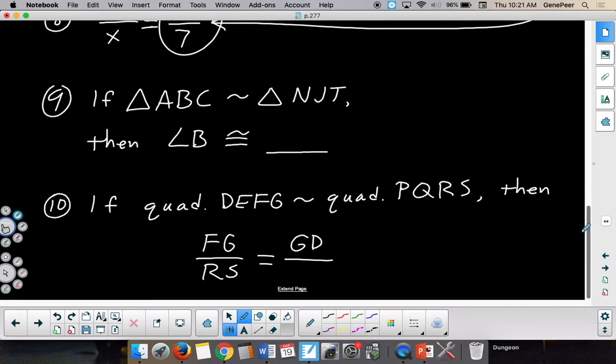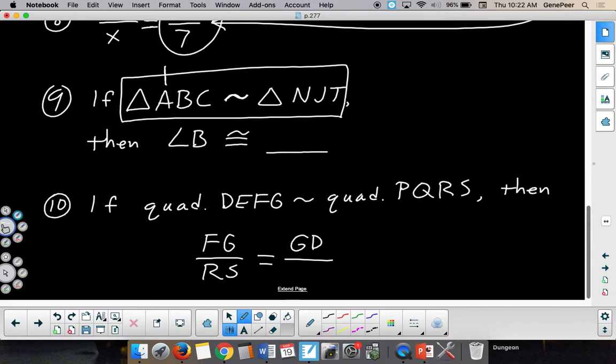Number 9. All right, we don't even need a diagram. In fact, if I flip the page, I believe they didn't give you one. Nope, don't need a diagram because this tells us everything we need to know. If triangle ABC is similar to triangle NJT, we know that the corresponding parts must match up together.